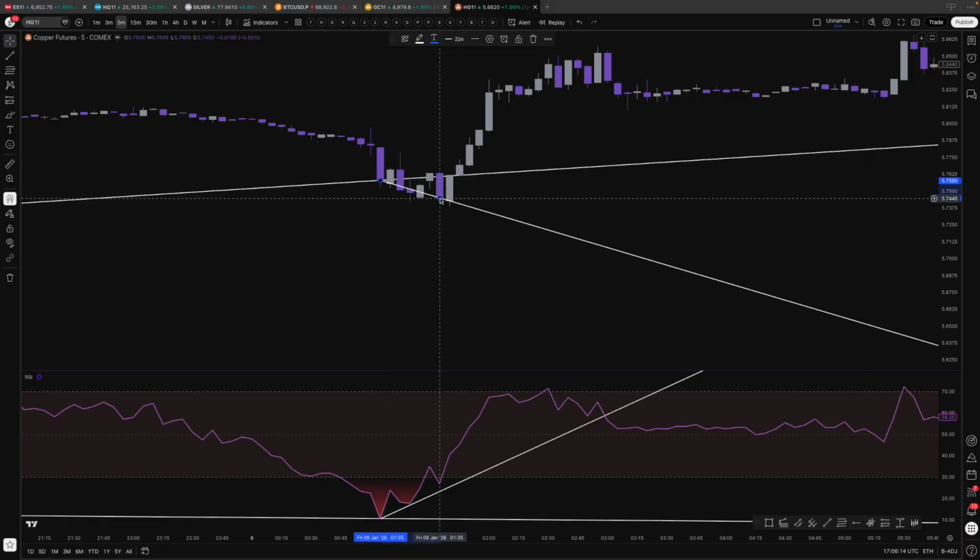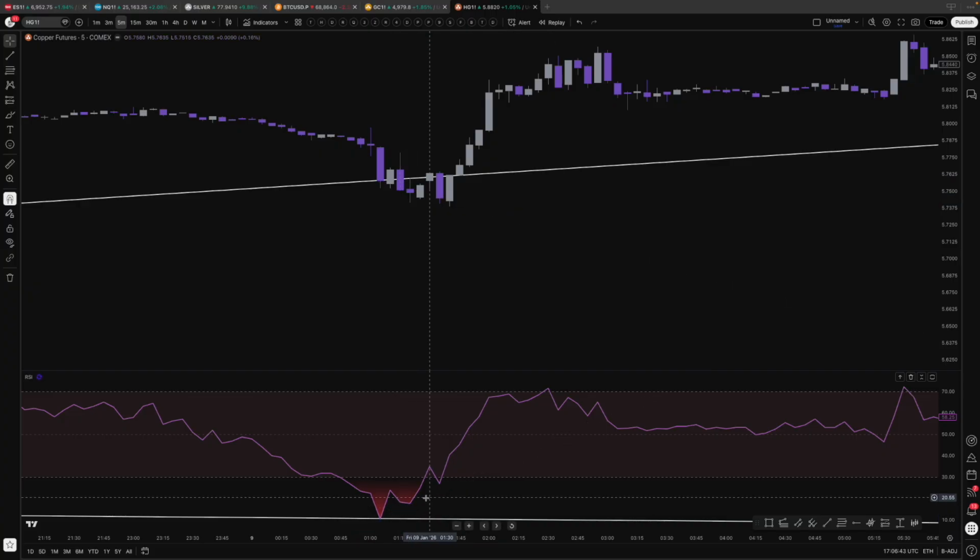Now, personally, I like all divergences, I really do, but this is where the magic really starts happening, where you get a div with a div. So if you have just a normal divergence, a wide bullish divergence, and then a narrow bullish divergence, that's a great sign. You're now starting to compound your divergences, and this adds some confluence.